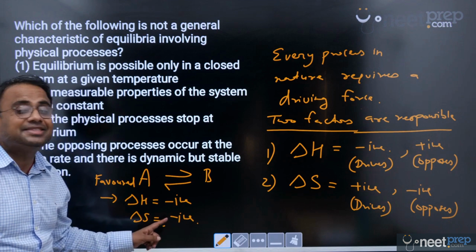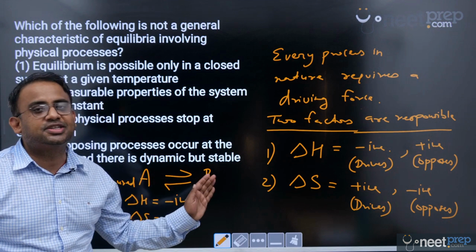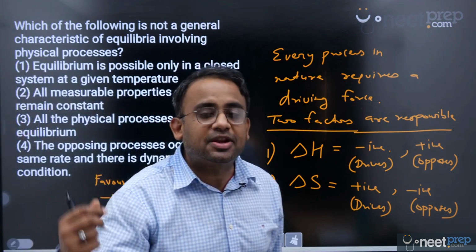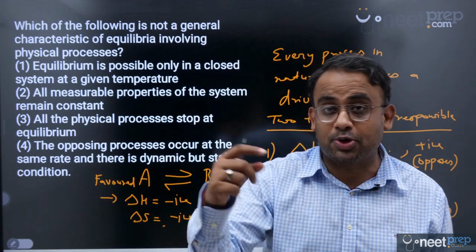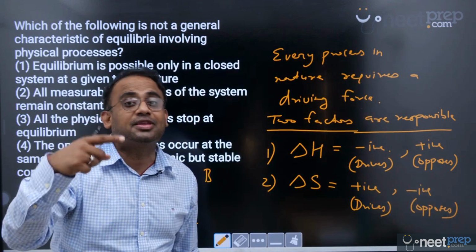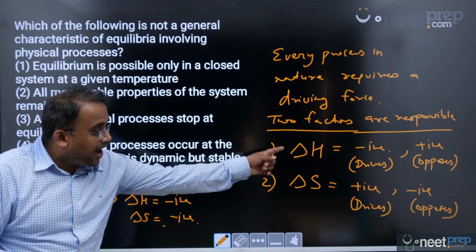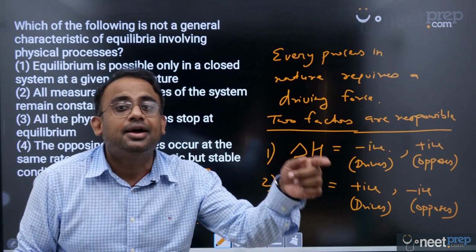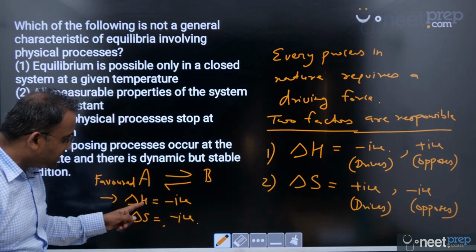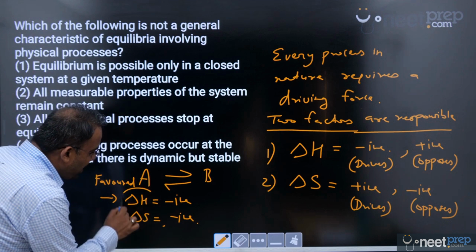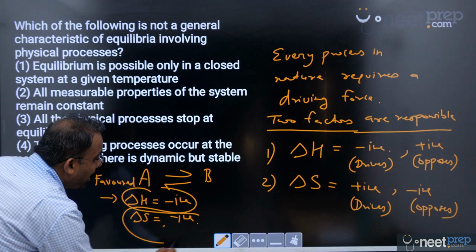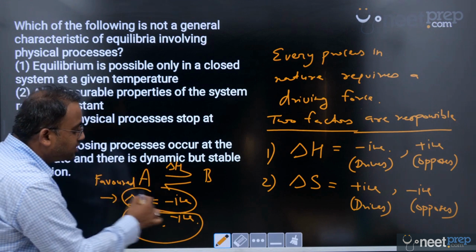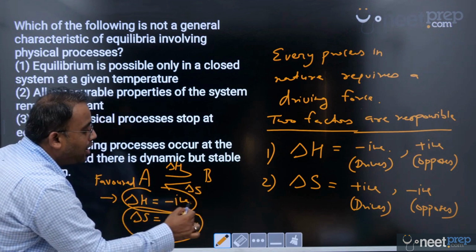If for the forward direction delta S is negative, then for the backward direction, the reverse process, the delta S sign is going to be positive, and in that case it is going to favor the backward process. So if a factor is opposing a forward process, then it also means it is favoring the backward process. So as far as this process is concerned, forward is favored by delta H and backward is favored by delta S. So I have a driving force for the forward direction, and a driving force, this one, for the backward direction.